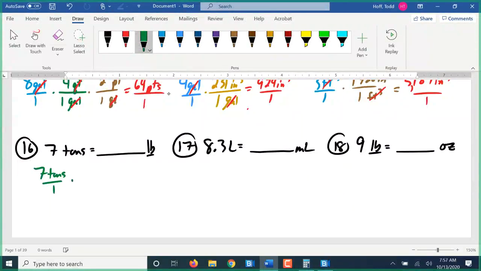Put 7 tons over 1. Put a ton on bottom. 2,000 pounds. Remember we said for this class, a ton's always going to be 2,000 pounds. Tons cancel out. 7 times 2,000 is 14,000 pounds.